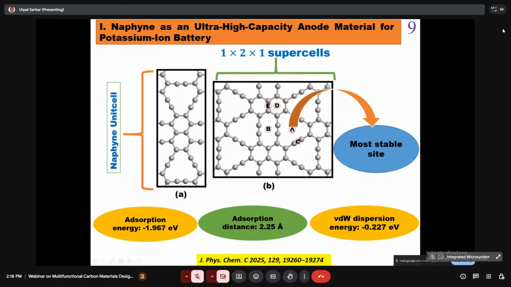And this sodium is situated at 2.25 angstrom above the plane of this sheet. We have performed DFT calculations as well as considered the van der Waals interactions, and we have seen that the van der Waals dispersion energy associated with this is minus 0.227 electron volt.